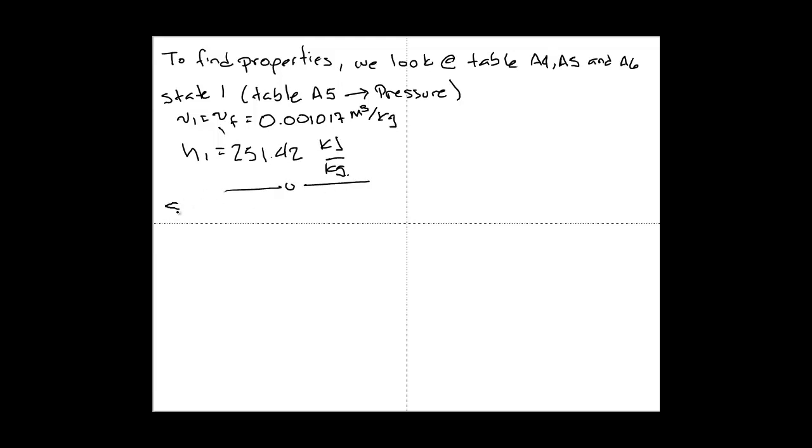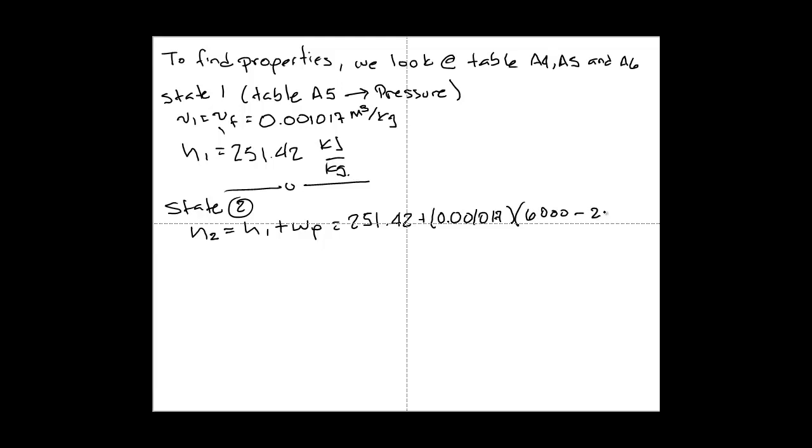So now we'll go for state 2. For state 2, we know that we have the pump as we described, so we find it by finding the pump work, which will be the specific volume 1 that we just found, 0.001017, times the pressure difference. Please take care that the pressure of the boiler is 6 megapascal and the pressure of the condenser is 20 kilopascal.